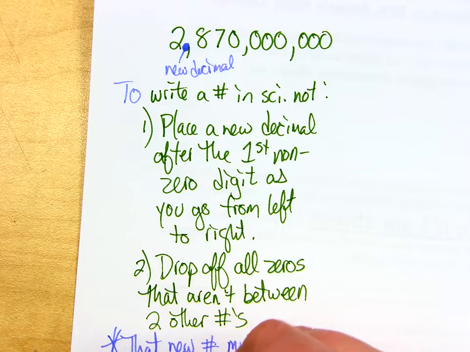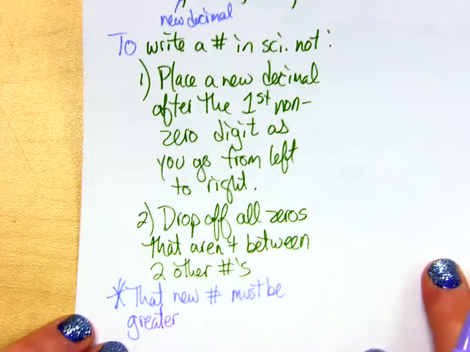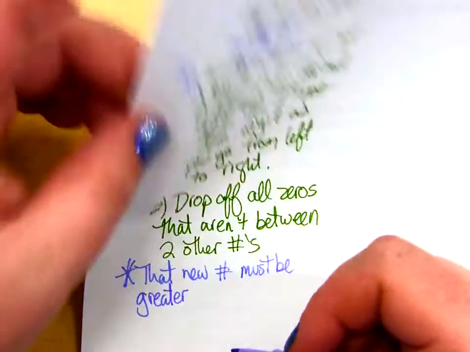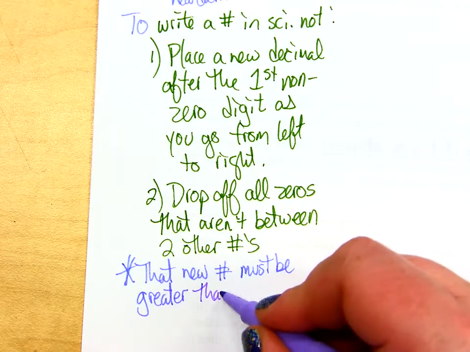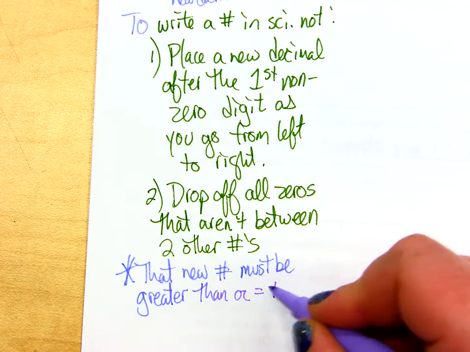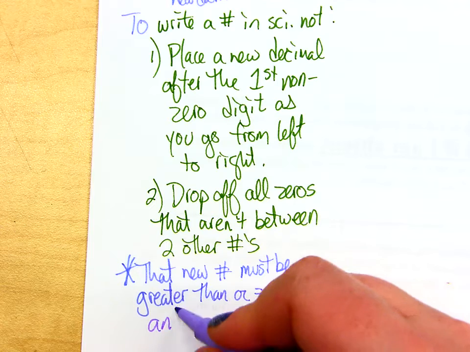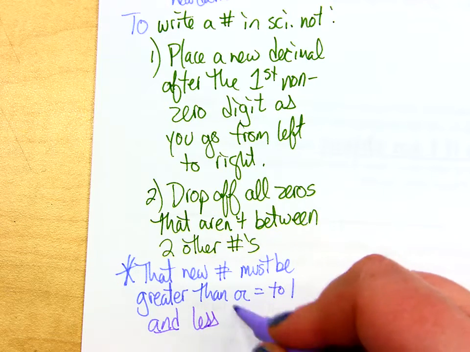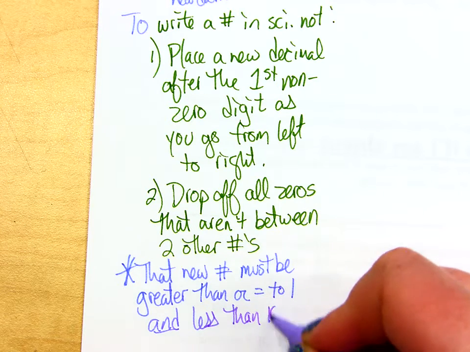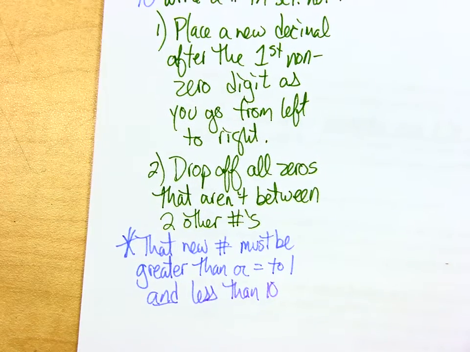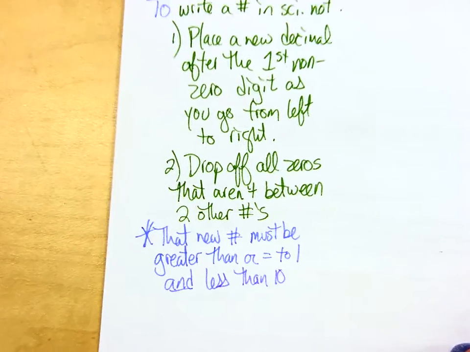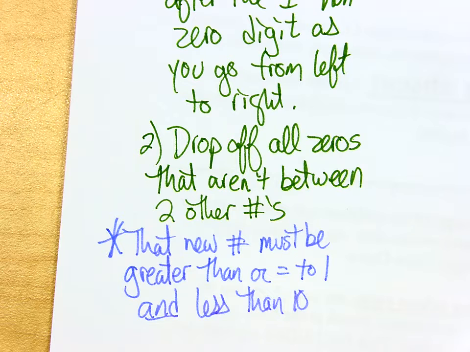All right, so that new number must be greater than or equal to 1 and less than 10. If you are taking a multiple choice quiz and they ask you which of these numbers is in correct scientific notation, that's one of the first things you can check.